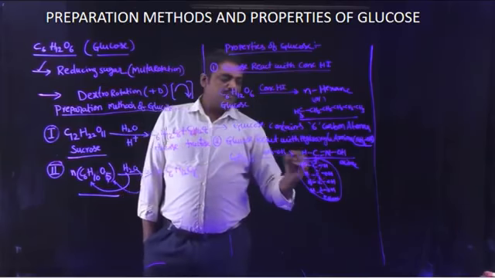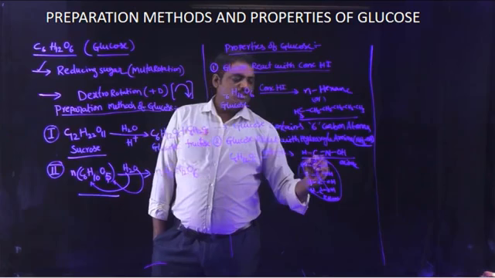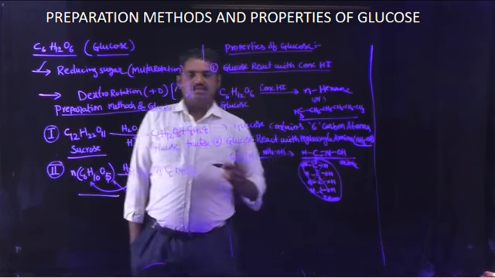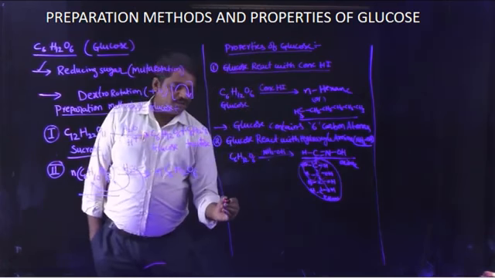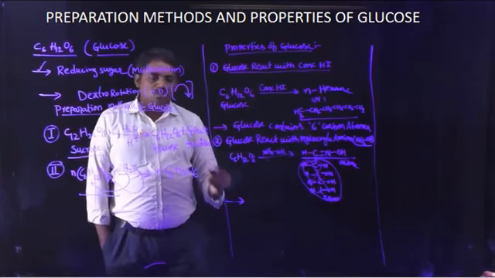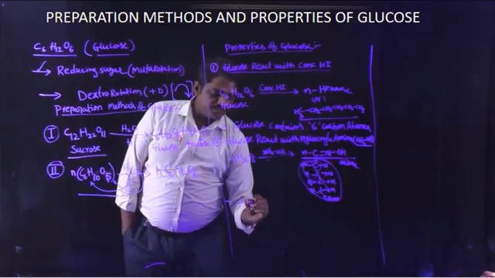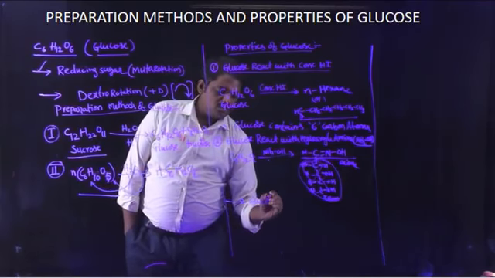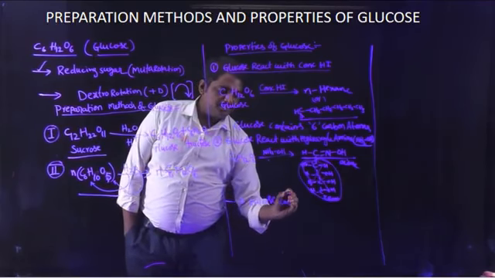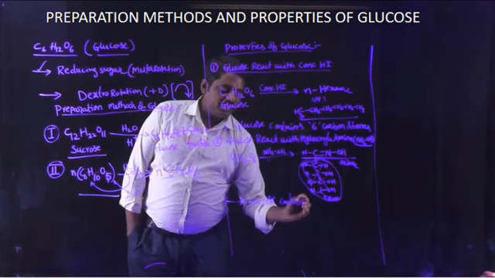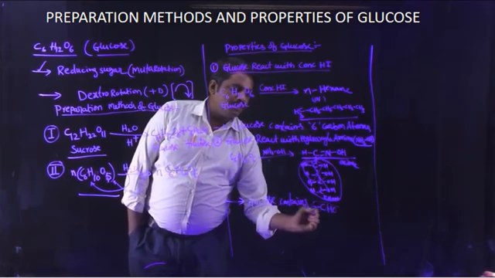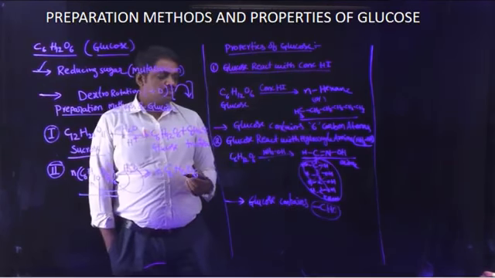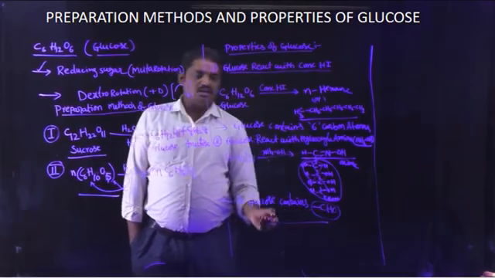Glucose reacts with hydroxylamine. Only it produces oxime. That point is based on glucose containing one aldehyde group.